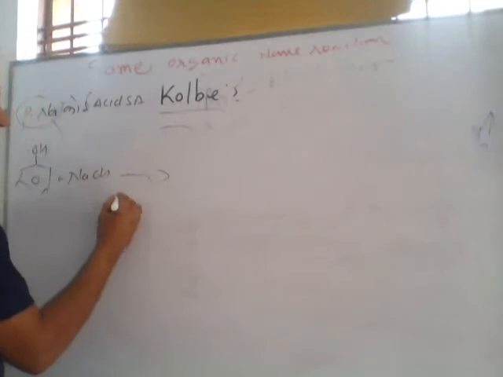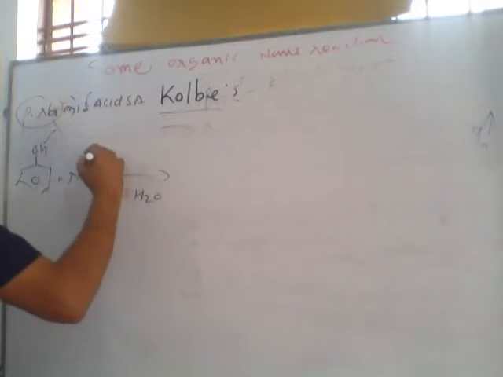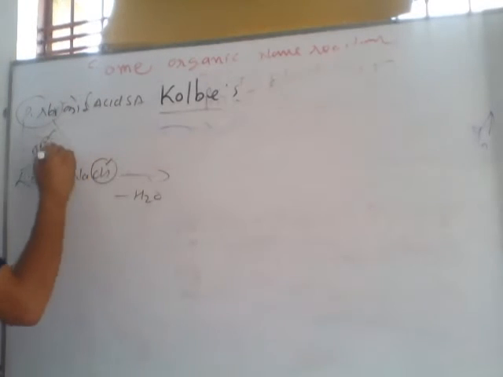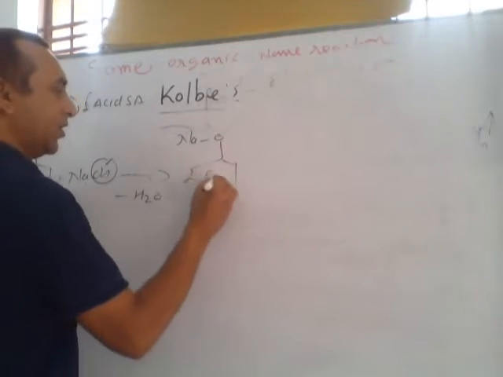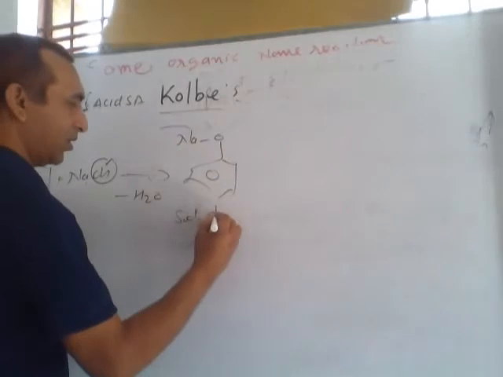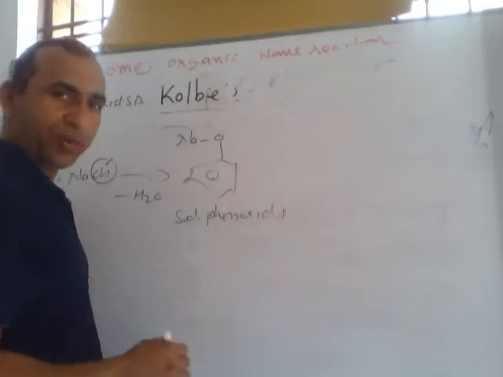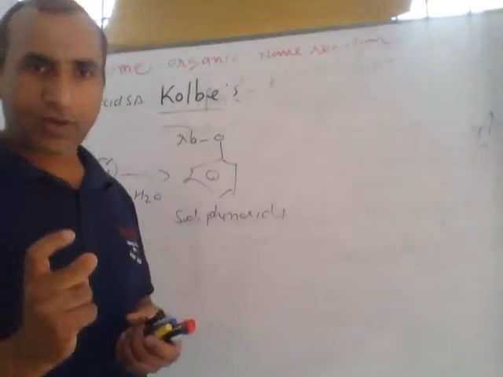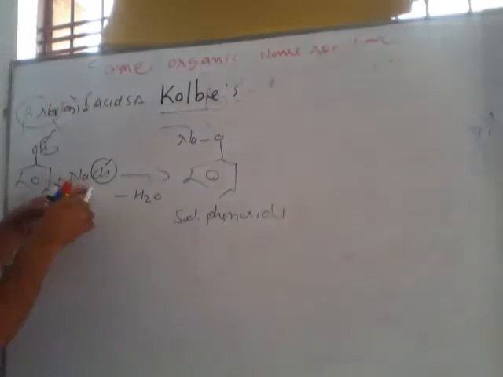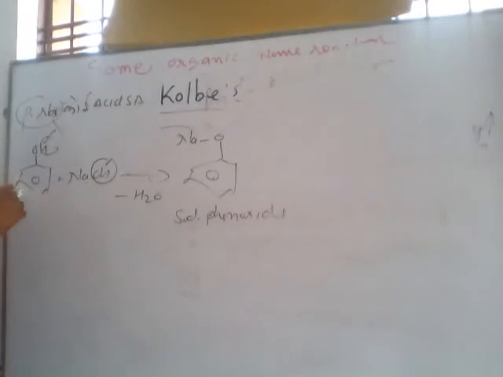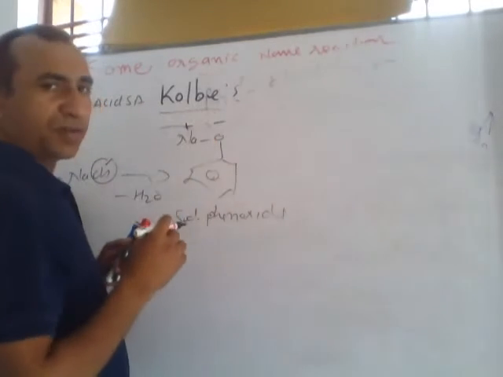After the reaction, water is removed: this H and this OH and H leave as water, and the sodium joins here, and this is called sodium phenoxide, sodium phen and oxide. So in the first step phenol reacts with sodium hydroxide. This reaction indicates its acidic nature. This is the base reacting with this compound, which is the acid, and this is an ionic compound.